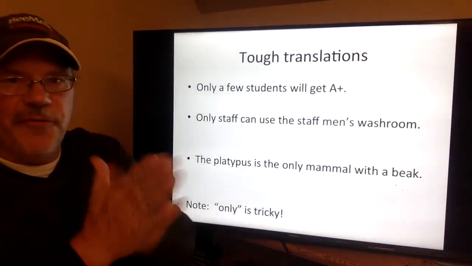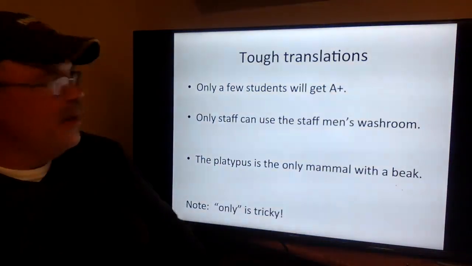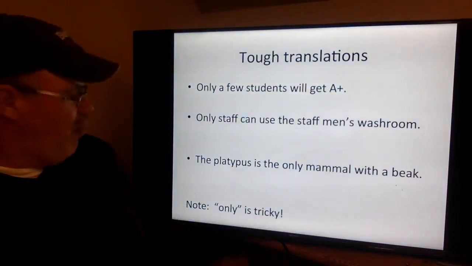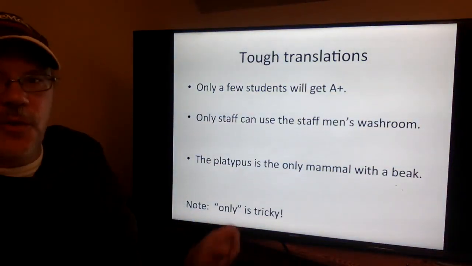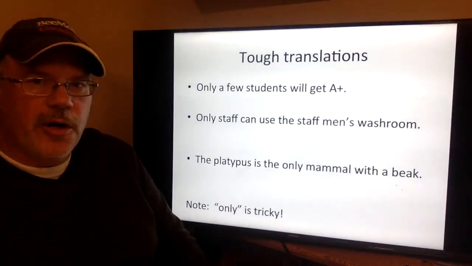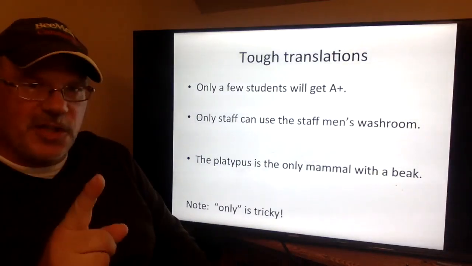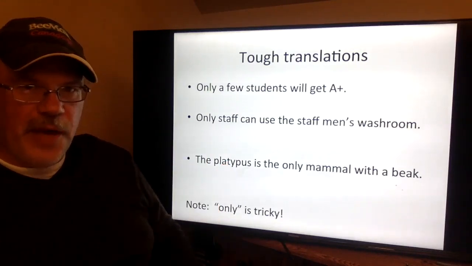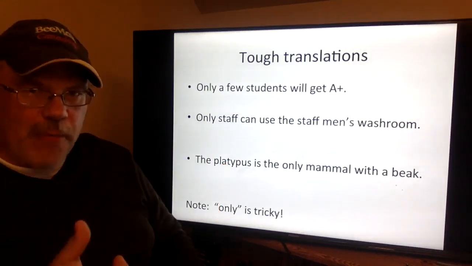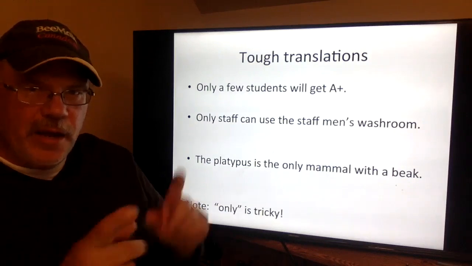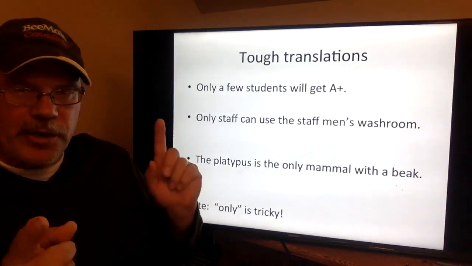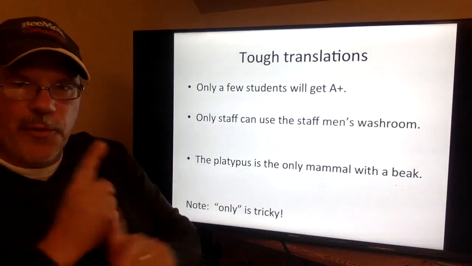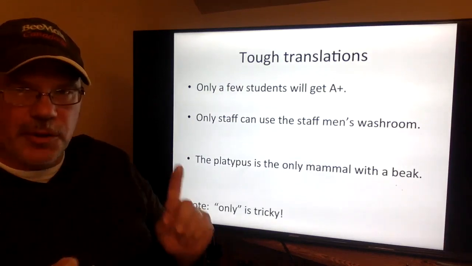Okay, now some tough ones. So remember I warned you about this only. So our concept here is when you see only, stop. Then you think, I could probably go either way. The subject and the predicate could be reversed from their apparent order.